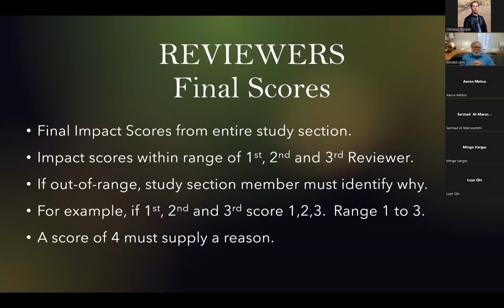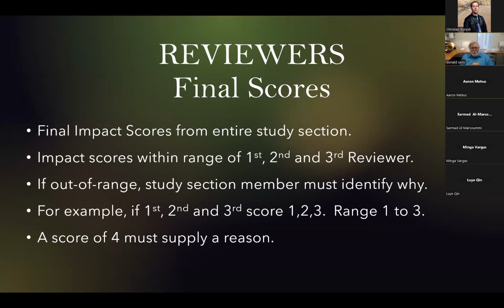And that's so things don't show up in a summary statement that don't make any sense because somebody made some criticisms that weren't present in a lot of the other reviews.